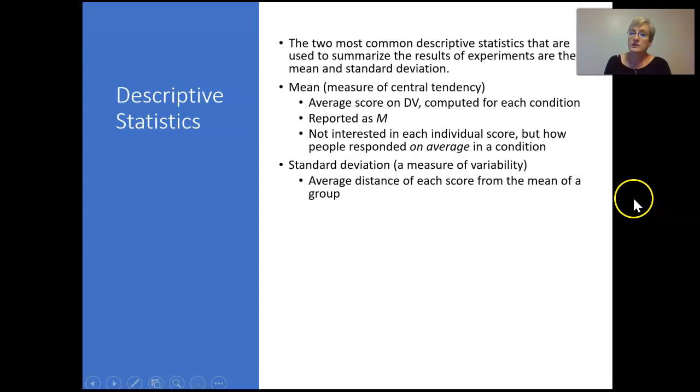Now, when we use means and standard deviations, we are making an assumption that you have basically normally distributed data, where your mean and your mode and your median all tell you the same story.